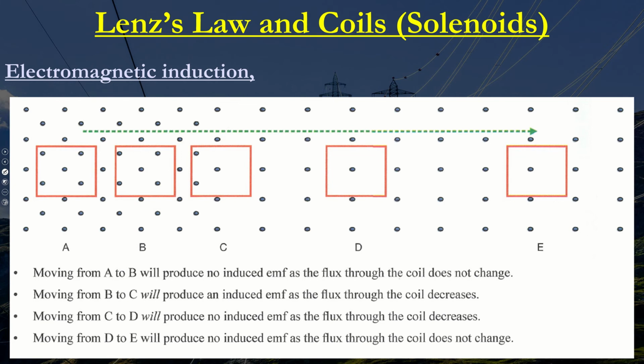If you look at Lenz's law in a coil, it all has to do with whether or not you have a change in magnetic flux. If we have a look at scenario A, if we move it to B, in terms of the density of the magnetic flux or the magnetic field, there hasn't been a difference.